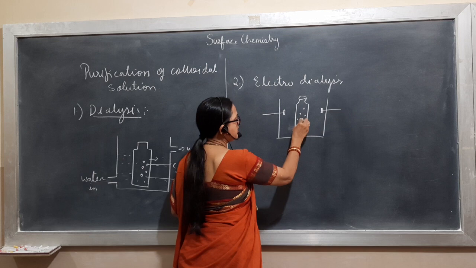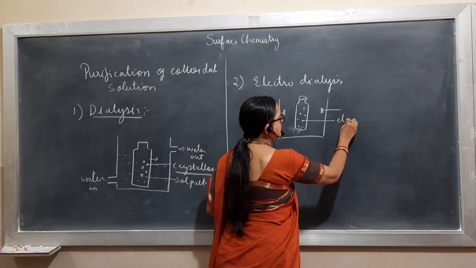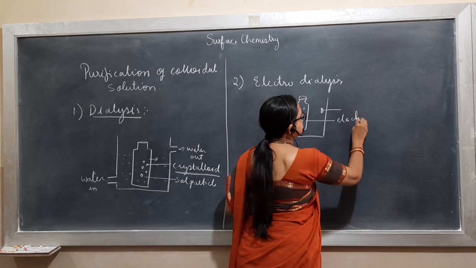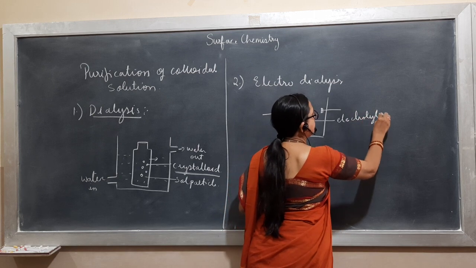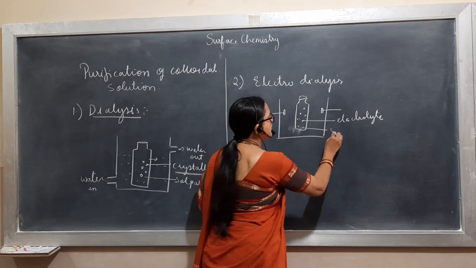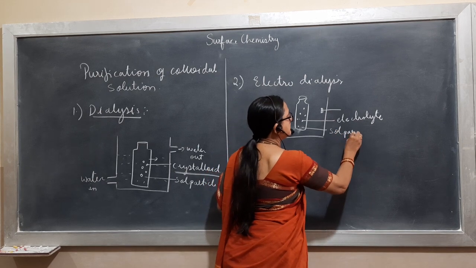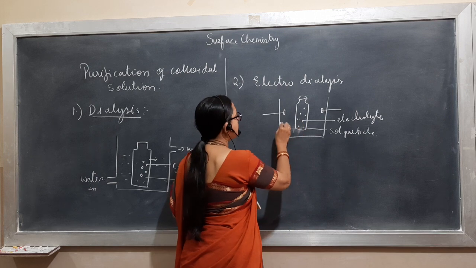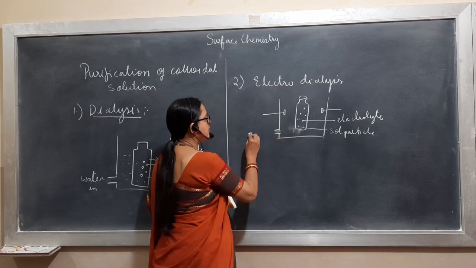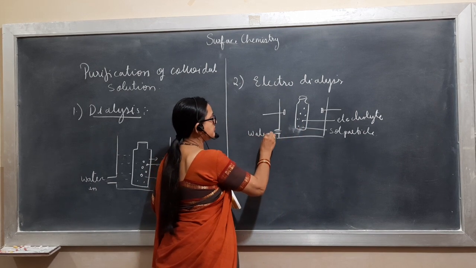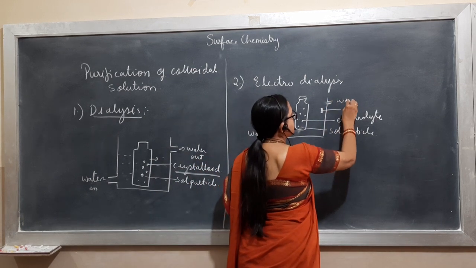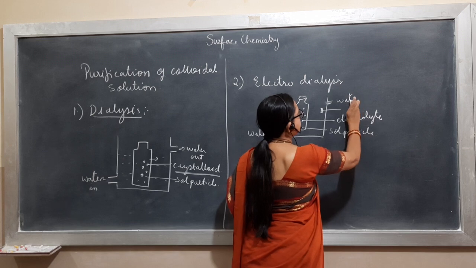Usually this is done only when the impurity is an electrolyte. And also we have sol particles. This is a parchment bag. Here there is always a flow of water. Because of this, we get pure water for the experiment to carry on faster.